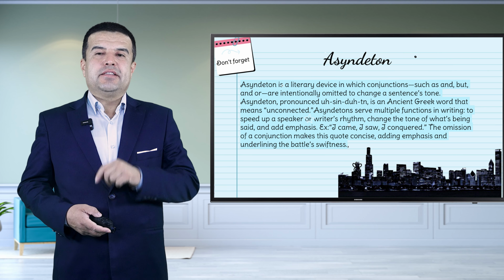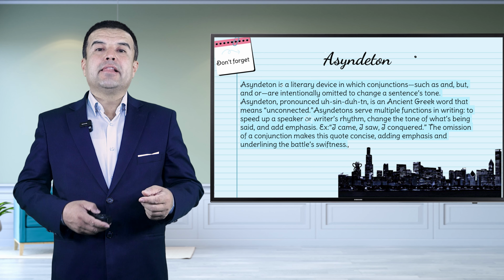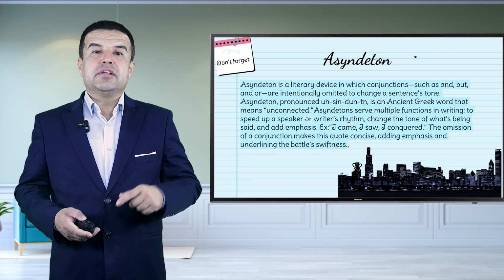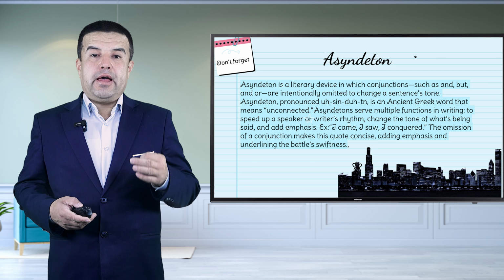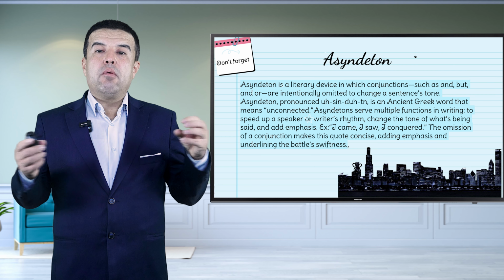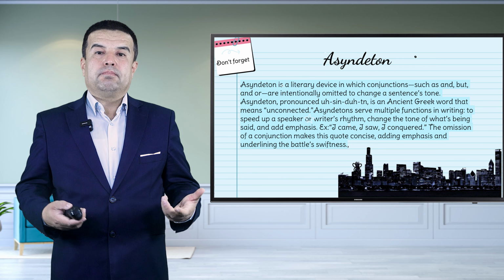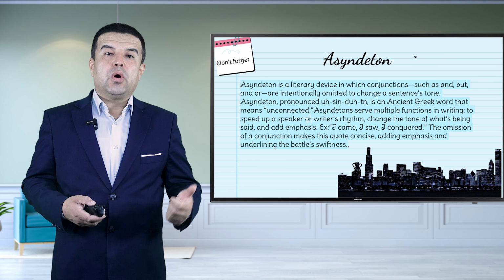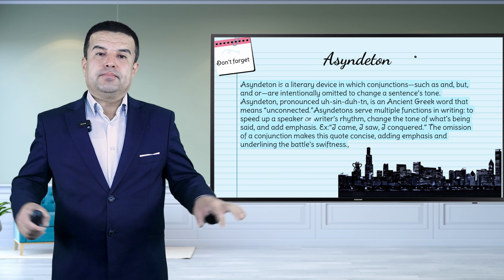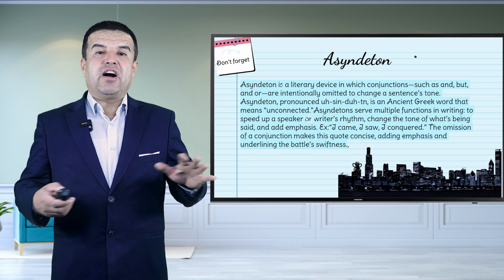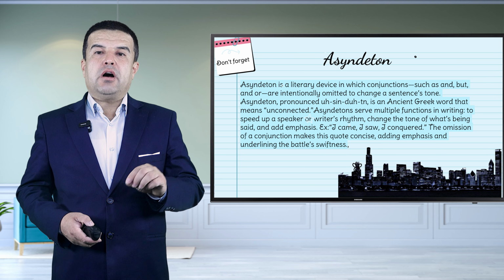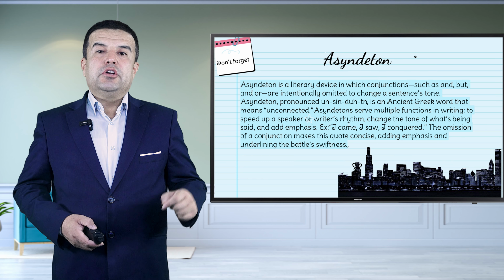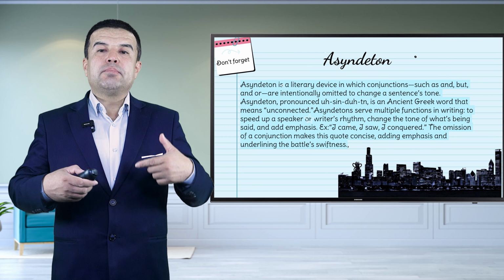Next one is asyndeton. Asyndeton is a literary device in which conjunctions such as but, and, or are intentionally omitted to change the sentence's tone. Asyndeton comes from ancient Greek words that mean unconnected. Asyndeton serves multiple functions in writing: to set off a speaker or writer's rhythm, change the tone of what's being said, and add emphasis.